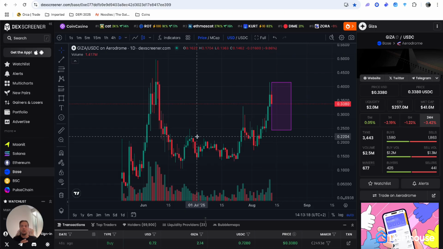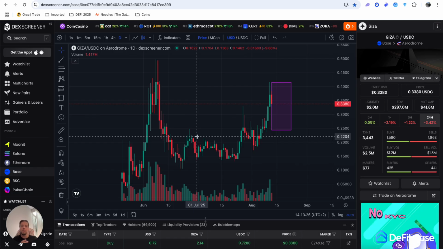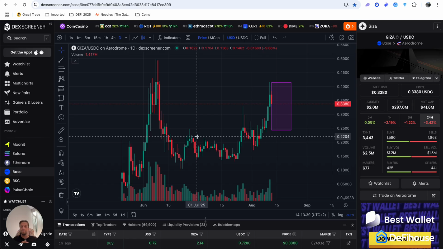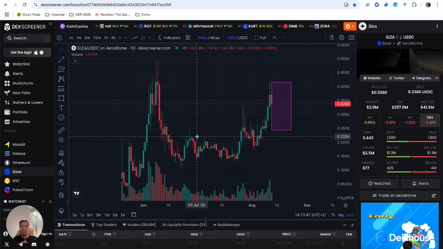Second thing is to understand that essentially you are going to buy some Giza coins itself, because you always have to deploy capital into the pool on both sides, unless you use some of the methods that I'm going to explain later on. They are a bit more advanced, but essentially to earn the fees, you have to be in the pool, and one way or another, you will have exposure to Giza.